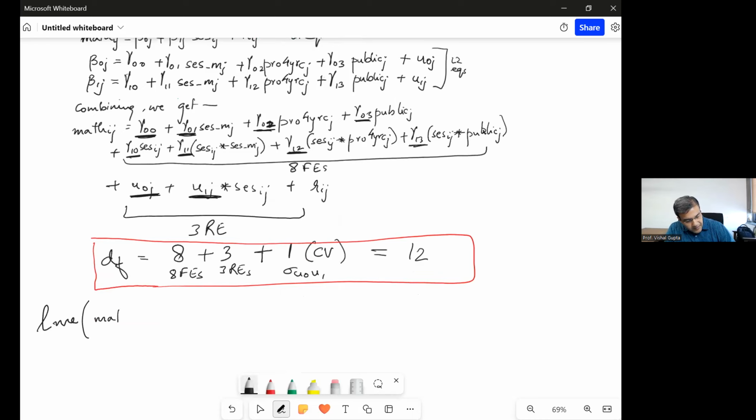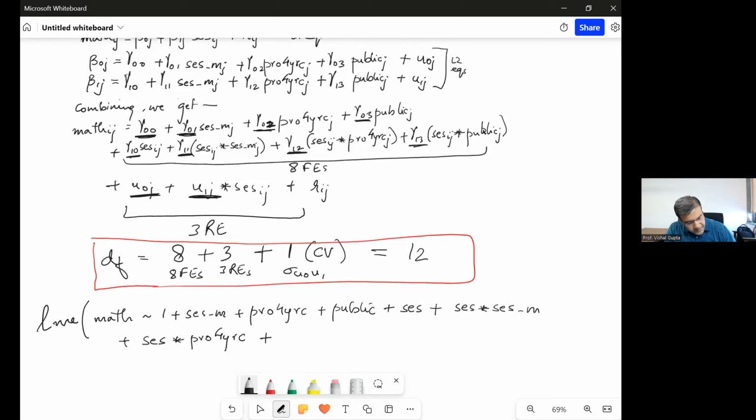Math regressed on 1 plus SES mean plus pro 4-year college plus public plus SES plus SES multiplied with SES mean plus SES multiplied with pro 4-year college plus SES multiplied with public.